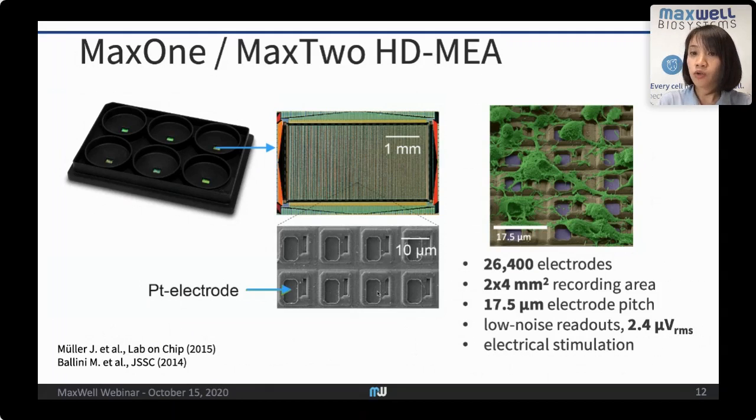We also have low-noise readouts, which is very important to be able to access the low-noise signals coming from the neurites or the axons that are propagating along these compartments of the cell. And any of the 26,400 electrodes can also be used for electrical stimulation. This means that any of these cells can be activated separately using our technology.